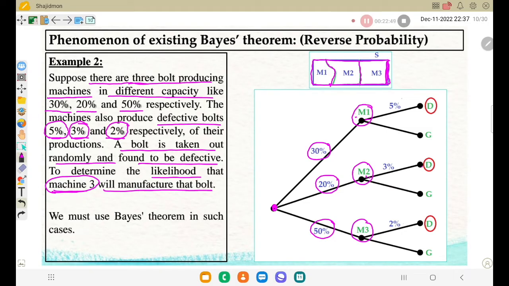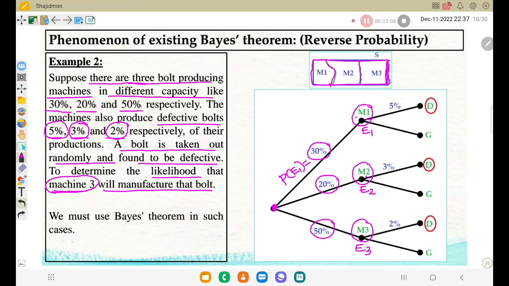Now, this 30% means the probability of the event E1. E1 means the bolt is produced by the first machine, E2 means the bolt is produced by the second machine, and E3 means the bolt is produced by the third machine.